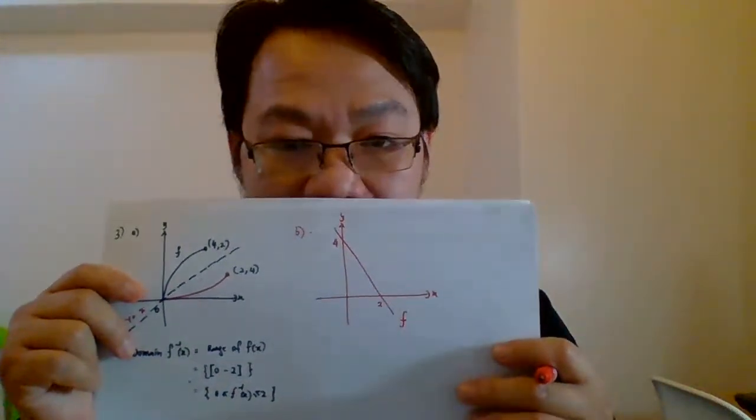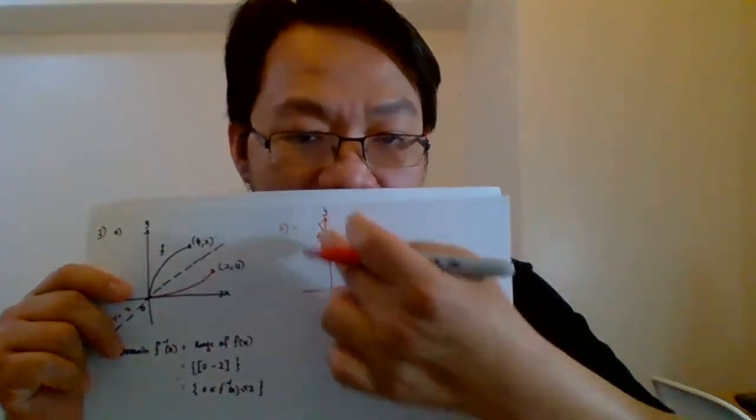Now, 3B. Okay, let's draw for 3B. The diagram is like this: 4 and 2, the function f. Okay, guys, this one is very straightforward. No curving, it's a straight line. So, we want to draw the f inverse function.